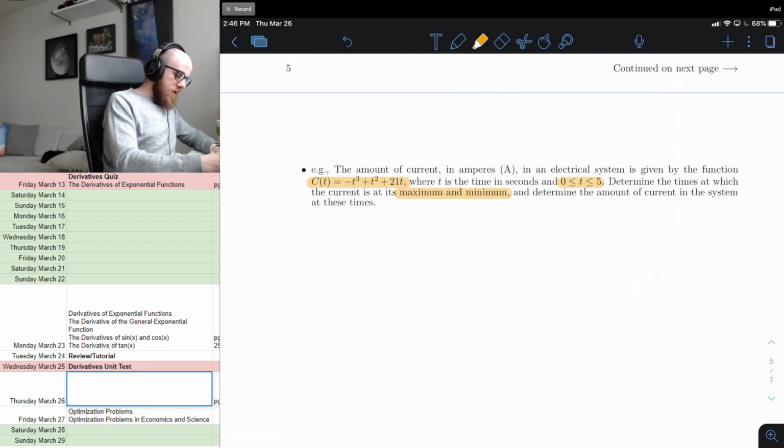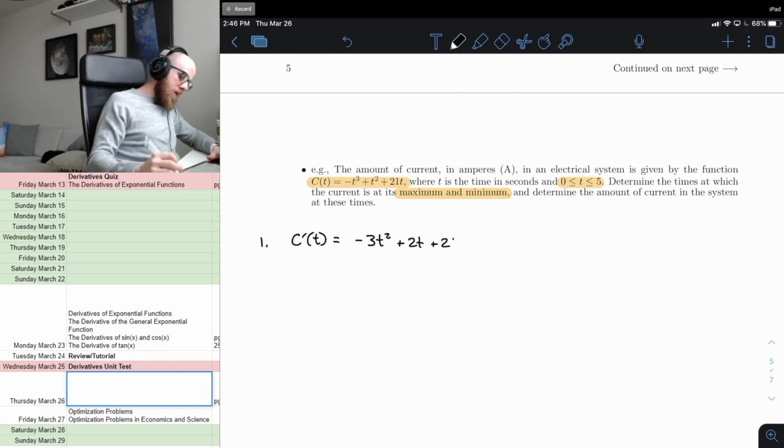So really we're just repeating exactly what we did in the previous example. Okay? So step 1, I take the derivative, c prime of t. So I get negative 3t squared plus 2t plus 21. Okay. Step 2, I set the derivative equal to 0.